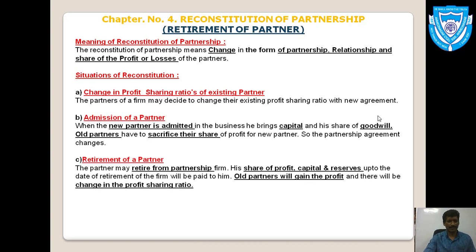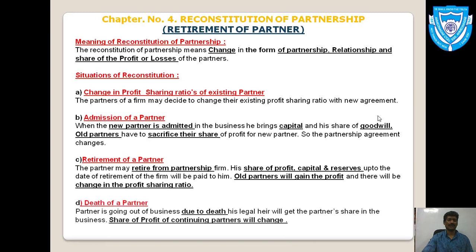Then retirement of a partner, which is our today's point. When a partner retires from the firm, his share of profit, capital and reserves up to the date of retirement will be paid to him, and so the old partners will gain the profit of that retiring partner, and also there will be a change in profit sharing ratio.